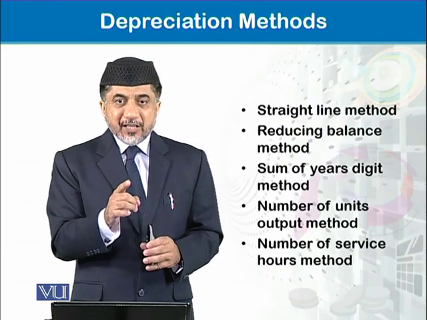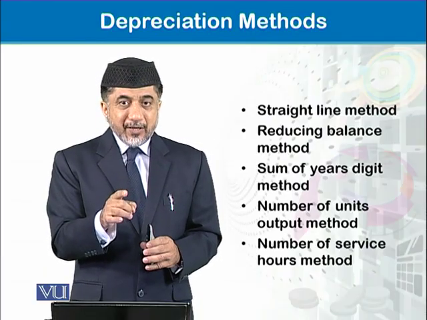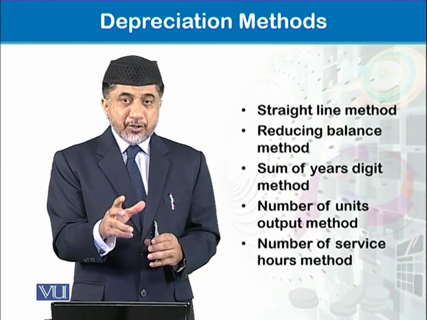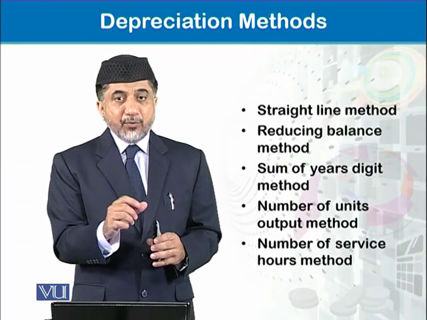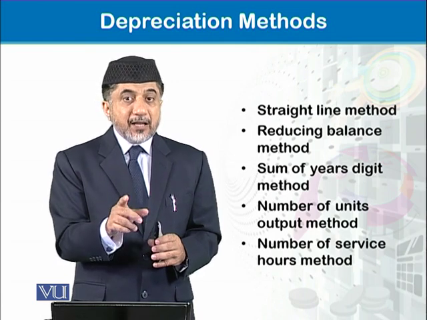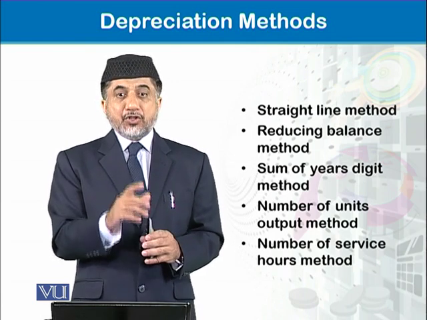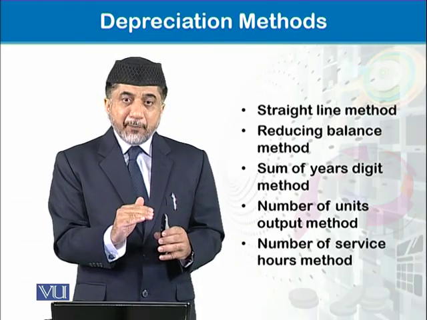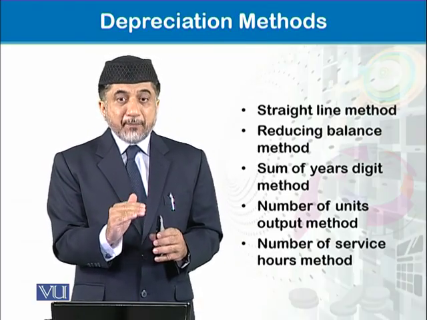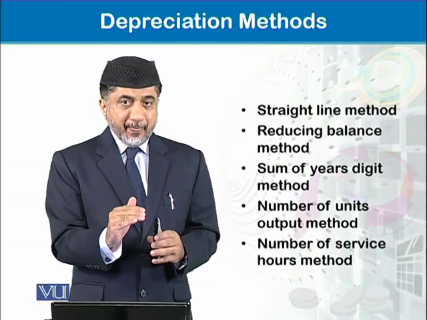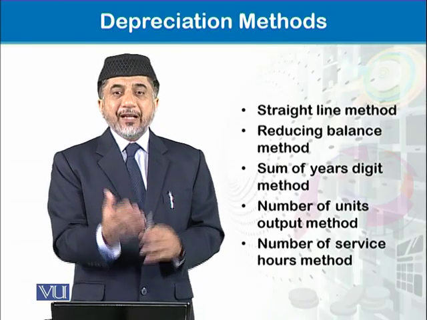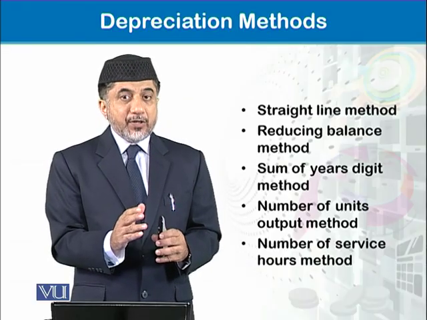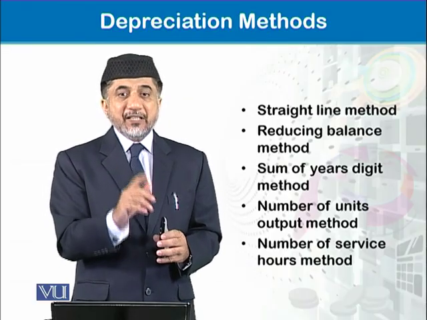So the depreciation will be calculated based on the number of units output or number of service hours that the plant and machinery would be used. So their pattern of economic benefit depends upon the number of units we are getting from that, or the number of service hours that the plant and machinery is working.